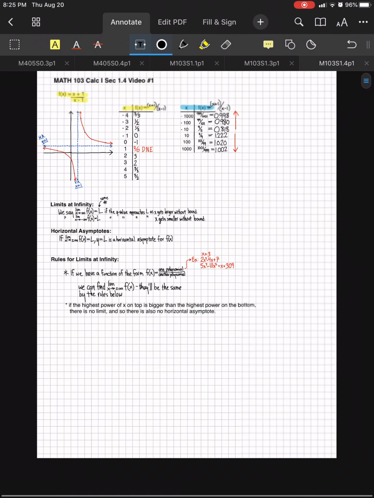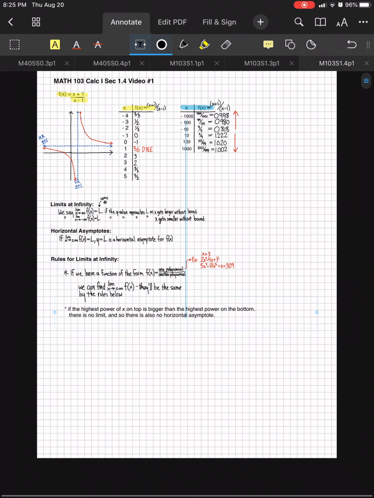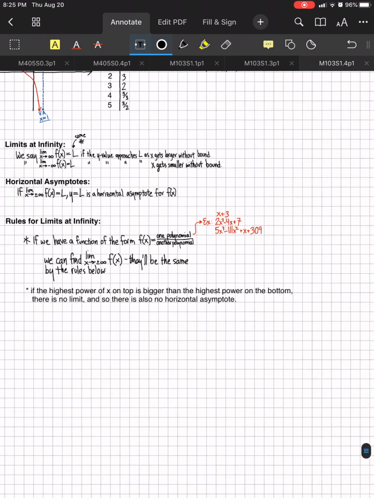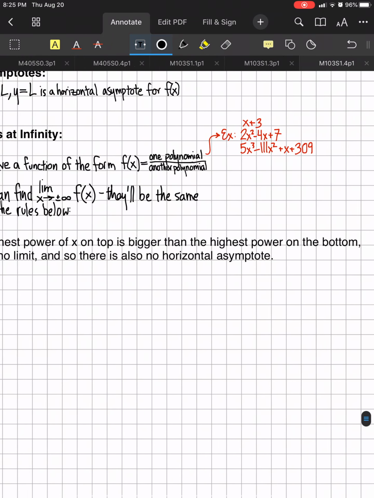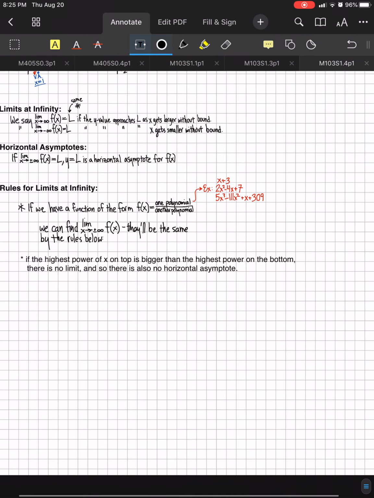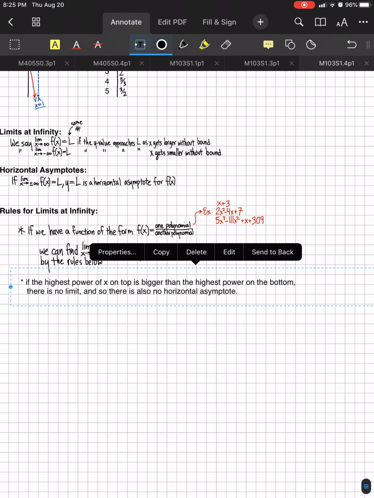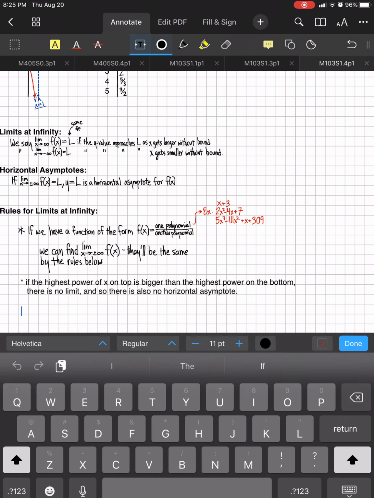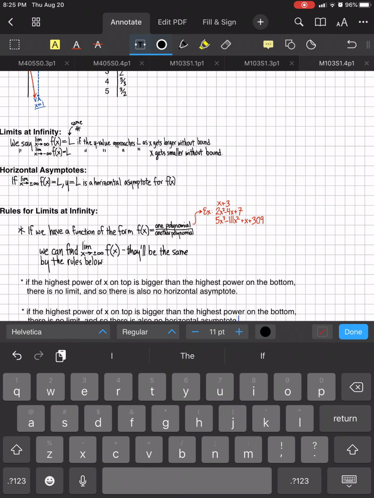There we go. So that's our first one. If the highest power of x on top is bigger than the highest power on the bottom, there is no limit, and so there is no horizontal asymptote. Well, let's go ahead and paste that here.